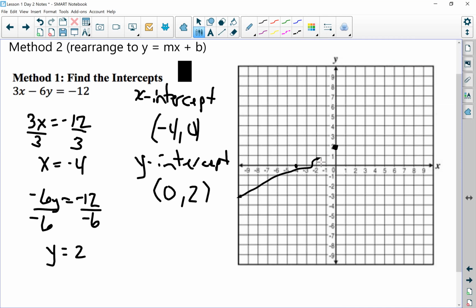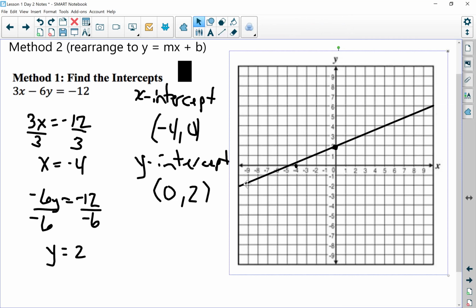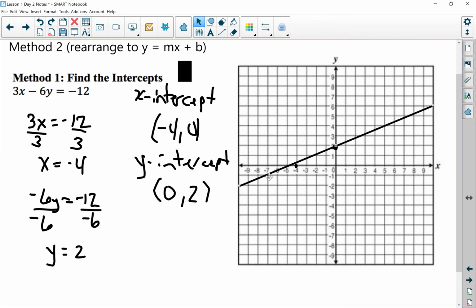Wow. That line didn't work out so well. There we go. That looks better. So there's my line based on using the intercepts.